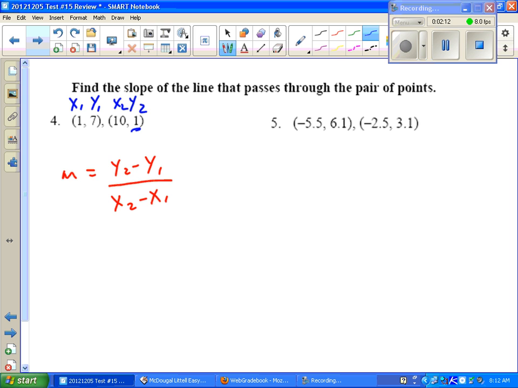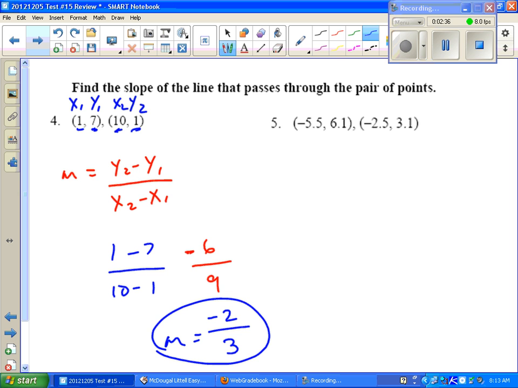Y sub 2's value is 1, minus y sub 1's value is 7, over x sub 2's value is 10, minus x sub 1's value is 1. So 1 minus 7 will be a -6, and 10 minus 1 will be 9. The number 3 goes into both of these numbers. It goes into -6 -2 times, and it goes into 9 3 times. So your slope for number 4 will be -2/3.